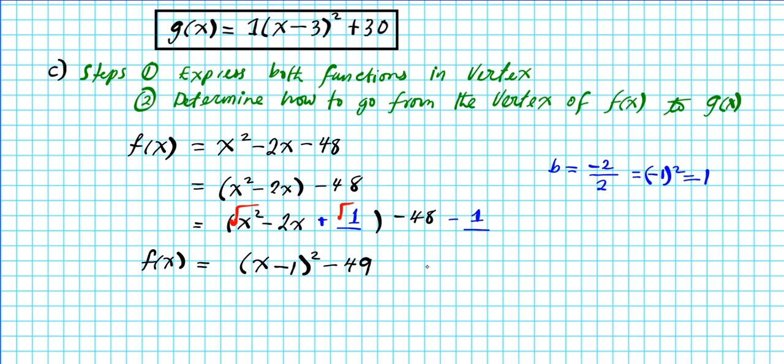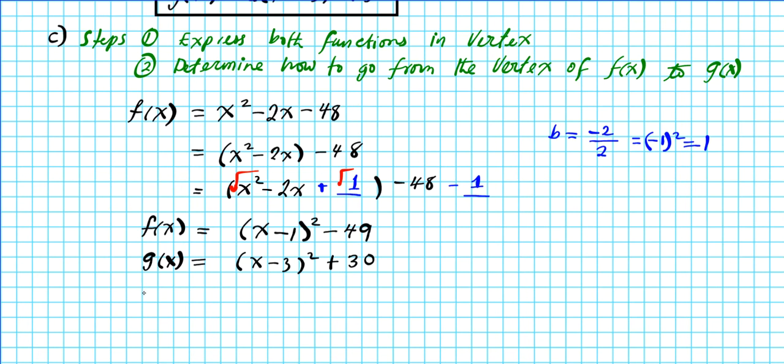So let's see, f of x is that, and then g of x is (x minus 3) squared plus 30. So we're going to go from the vertex of f to the vertex of g in order to determine what the transformations are. Okay, so let's write that down.